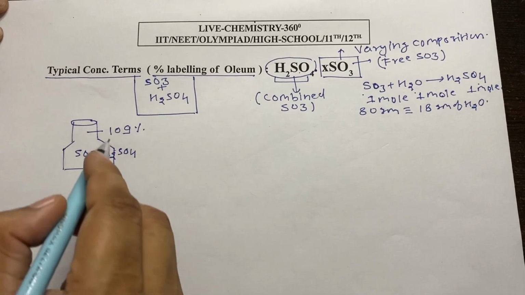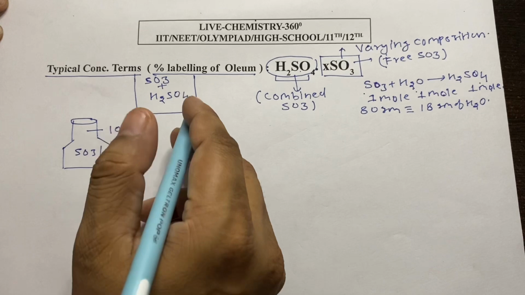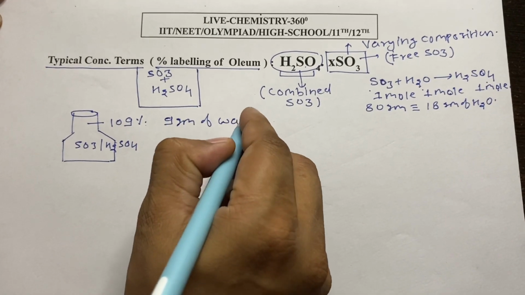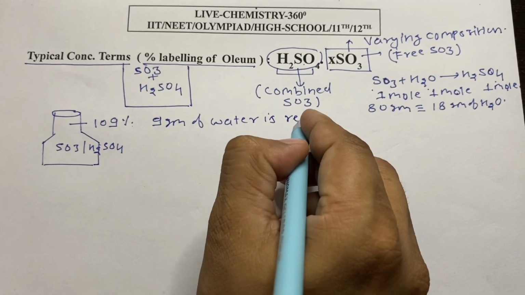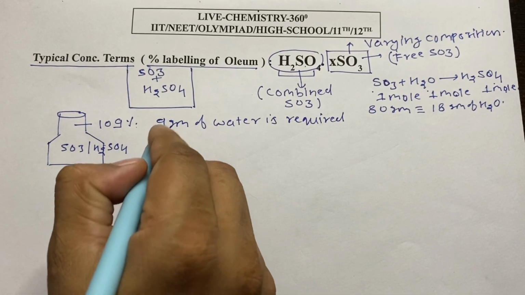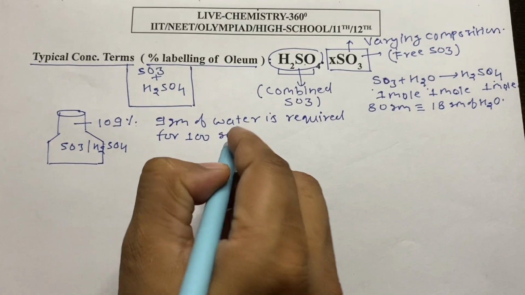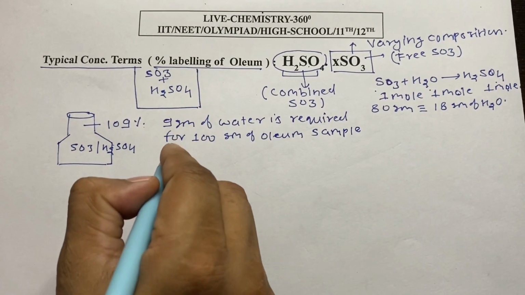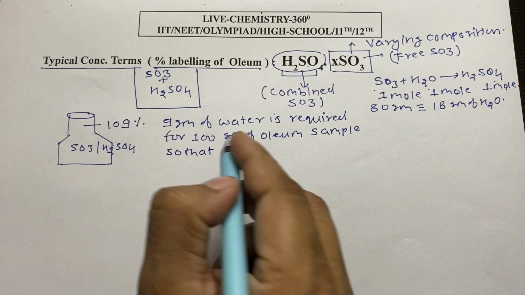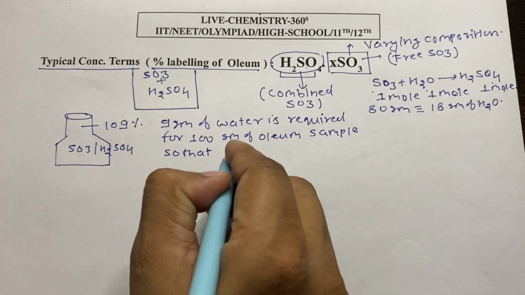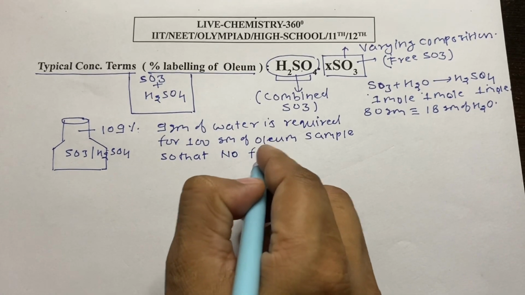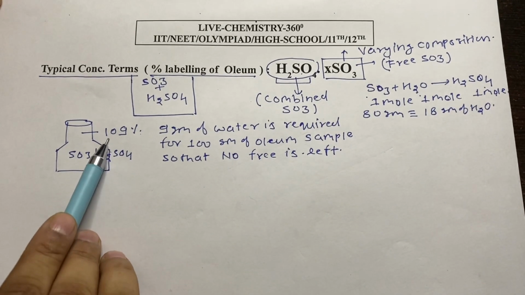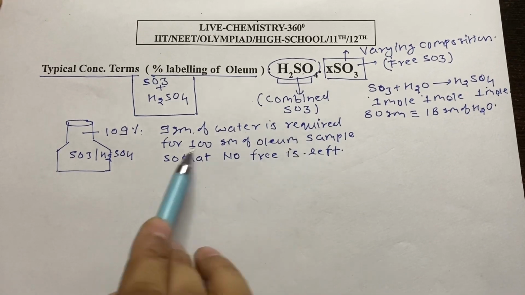If an oleum sample is labeled by 109%, it means that 9 gram of water is required for 100 gram of oleum sample, so that the entire free SO3 is converted into H2SO4, and no free SO3 is left.